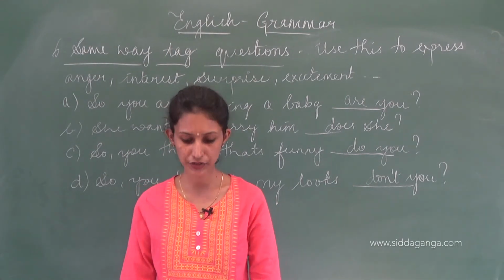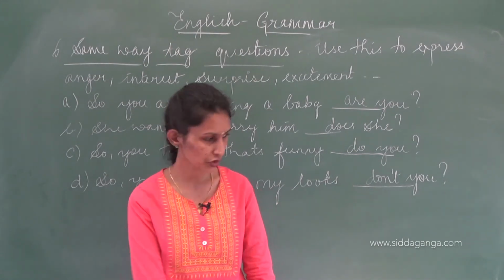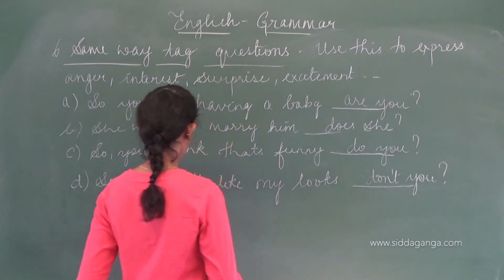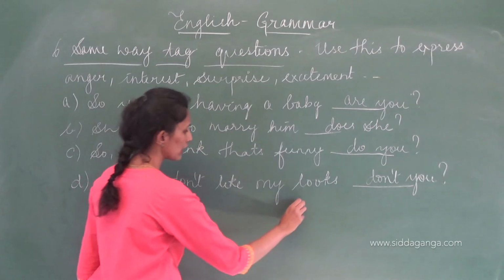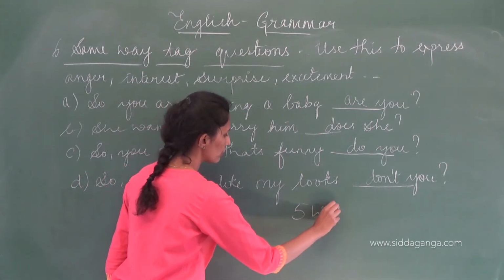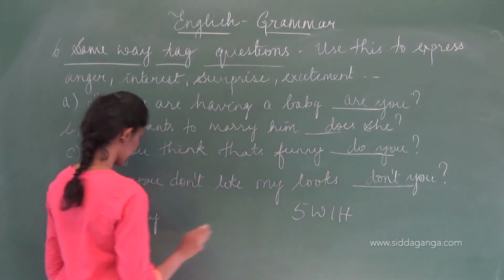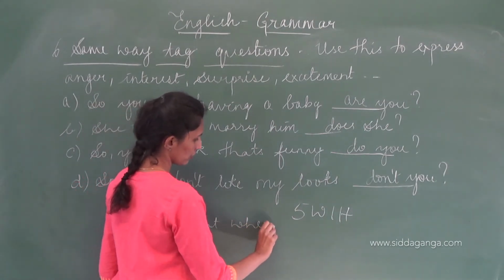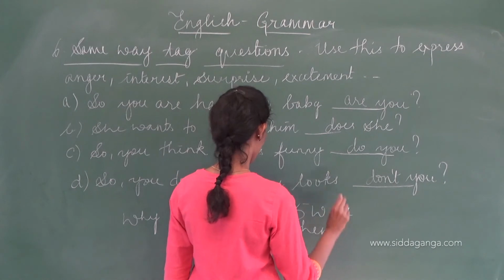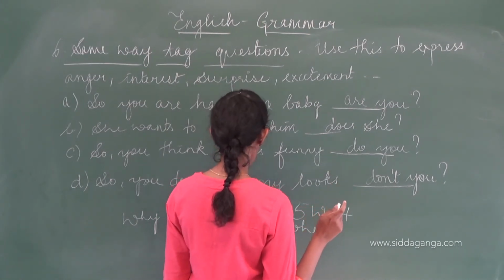Now, again, WH questions. Now, WH questions can be why, what, where, when, who and how. In this you remember 5W, 1H.